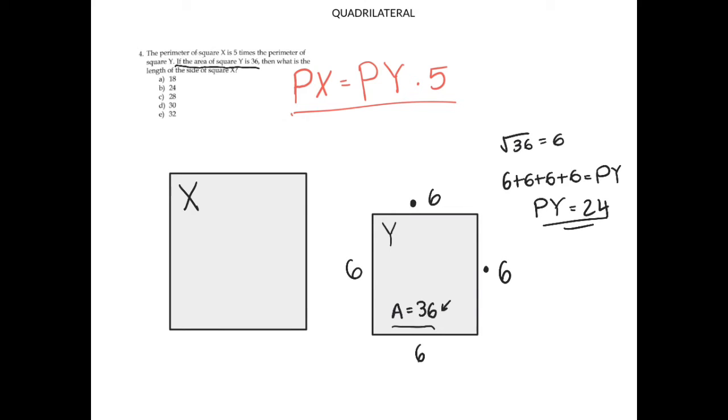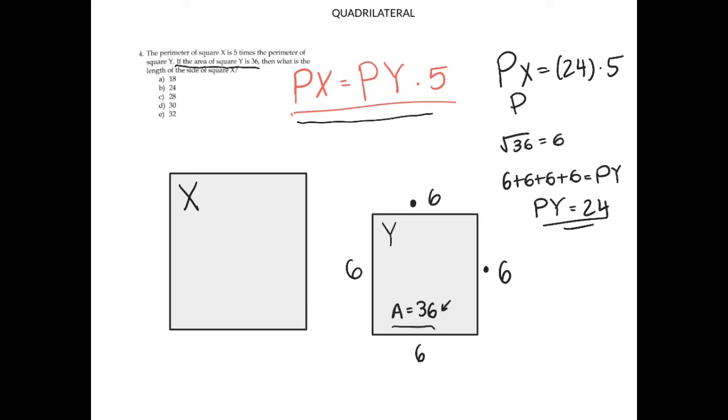After we get the perimeter of square y, we go back to our original equation: Px is equal to Py times 5. Now we have Py, so Px is equal to 24 times 5.